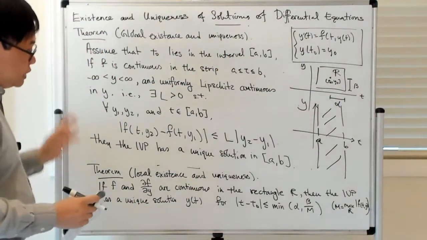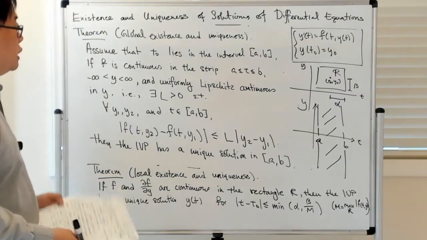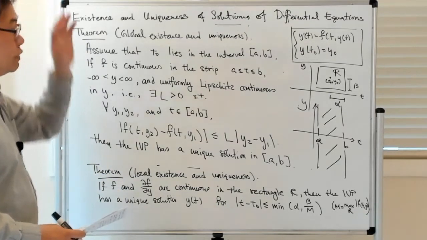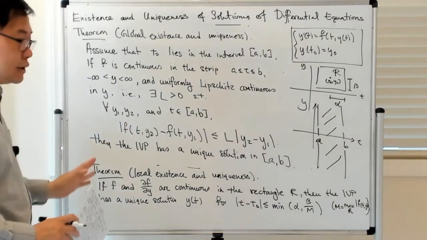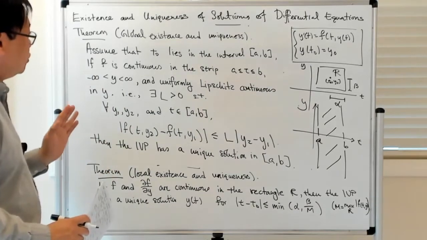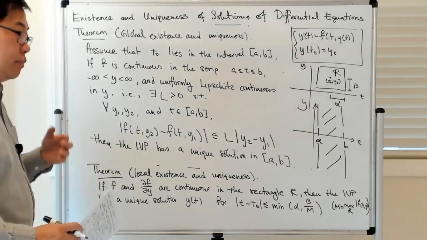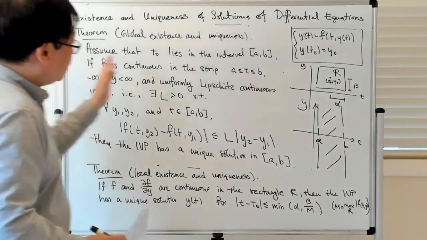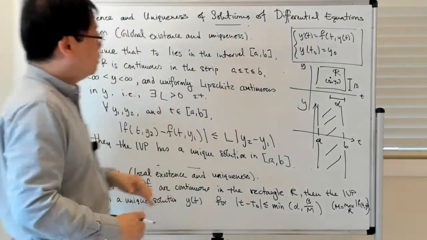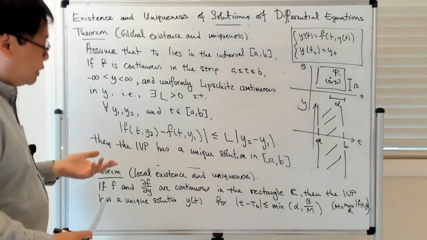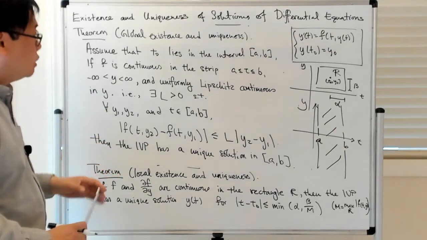All right, so this is the basic theory of solutions of differential equations. It tells you under what circumstances you have a solution, possibly for a short time or possibly over an entire time interval. And then under what conditions the solution is unique, okay?